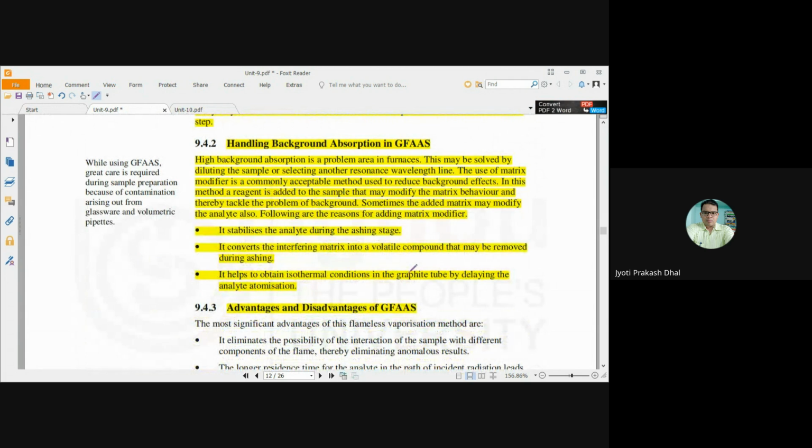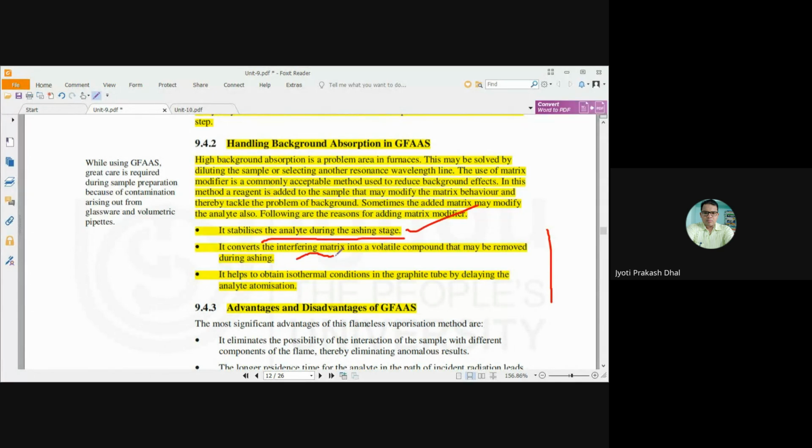Next, handling background absorption in GFAAS. The following are the reasons for adding a matrix modifier. In order to analyze through GFAAS, the sample will be mixed with a matrix modifier, because it will stabilize the analyte during the ashing stage.